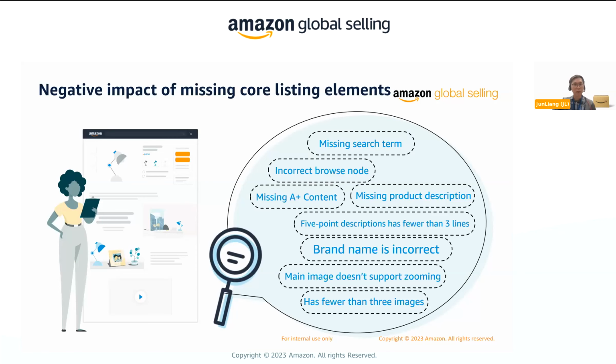Putting in the right information is important, but do also know that if you are putting in wrong or negative info, that will also have an impact. And when you are missing some of these core listing elements, these are the common issues we see: incorrect categorization, an incorrect browse node, a missing search term, an incorrect brand name, fewer than 3 images, or an image that is too low quality to support zooming.